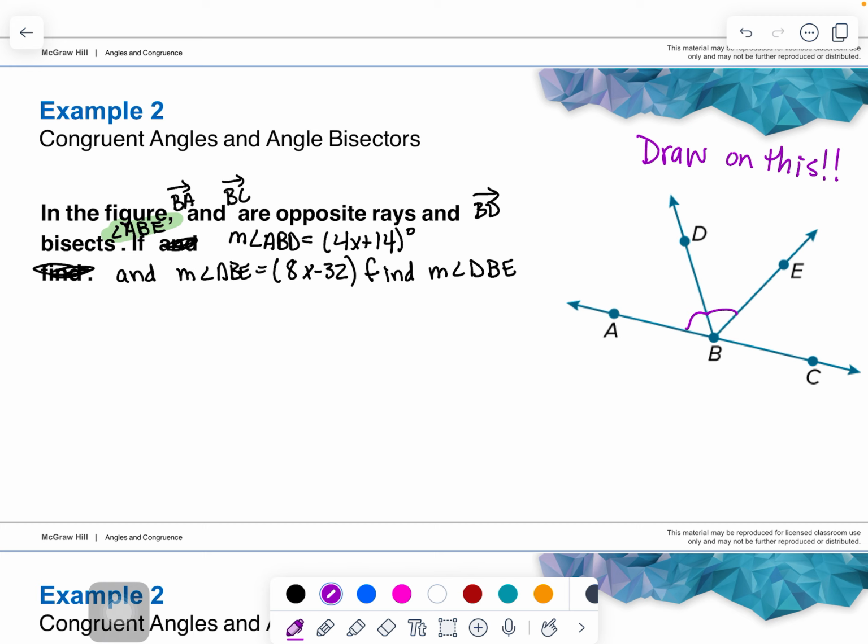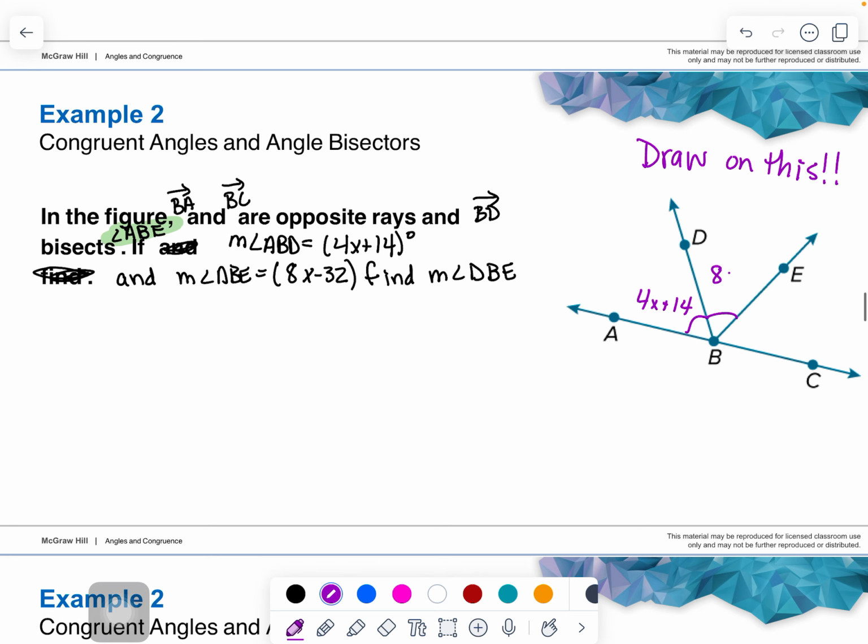And then they tell you that ABD is 4x plus 14. So put that in there. And DBE is 8x minus 32. Put it in there. And then they tell you find DBE.